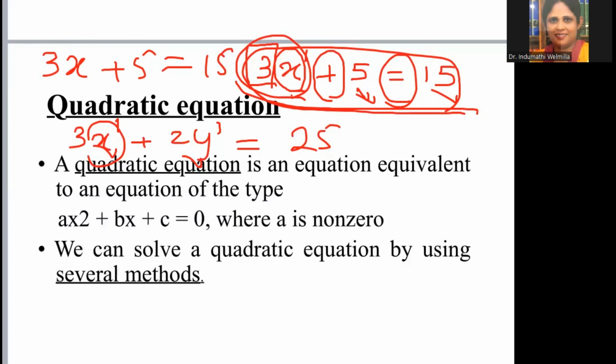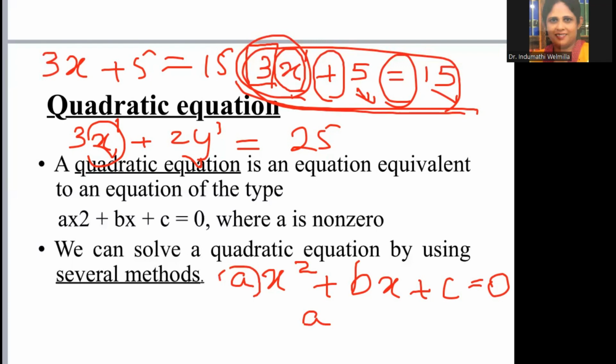That means the standard form of a quadratic equation with variable x, we can write as ax squared plus bx plus c equal to 0. And here a is the coefficient of the x squared term, and a should not equal 0.